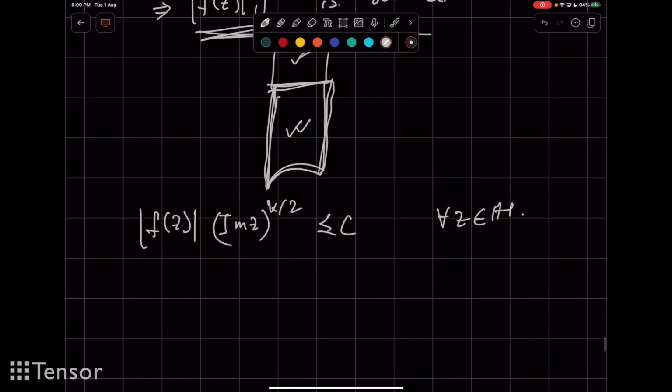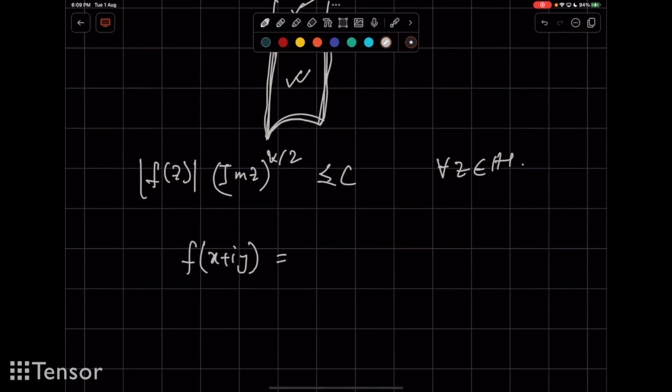Now let us do this. f of x plus iy is equal to the sum of an e to the 2 pi i nx e to the minus 2 pi ny. Right.